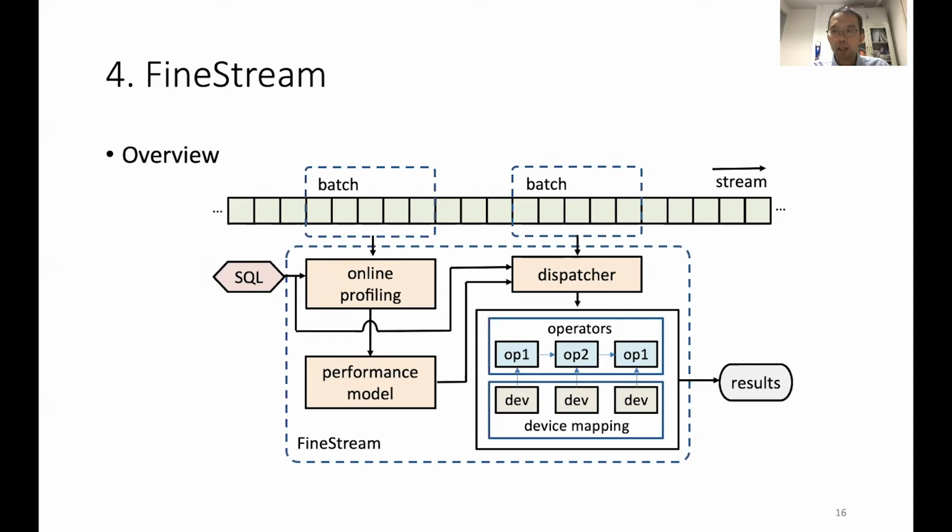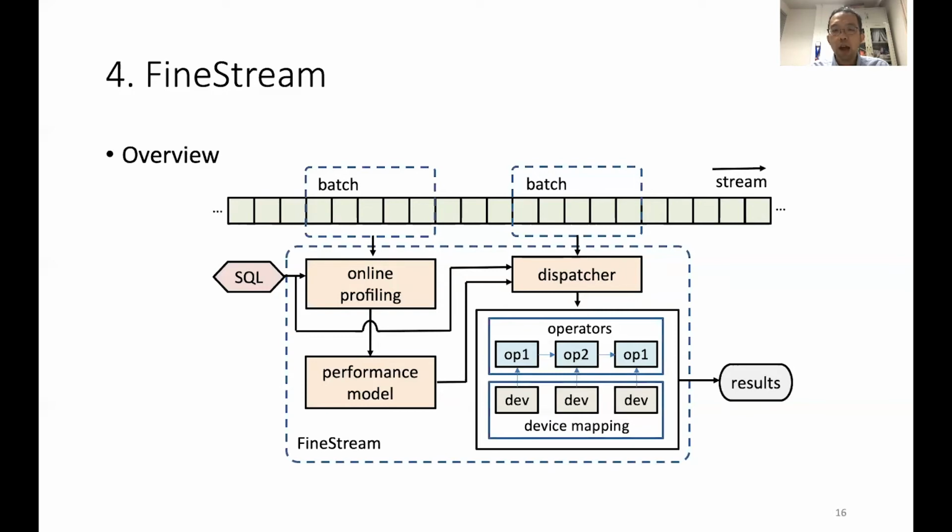When the engine starts, it first processes several batches using only the CPUs or the GPUs to gather useful data. Second, based on this data, it builds a performance model for operators of a query on different devices.